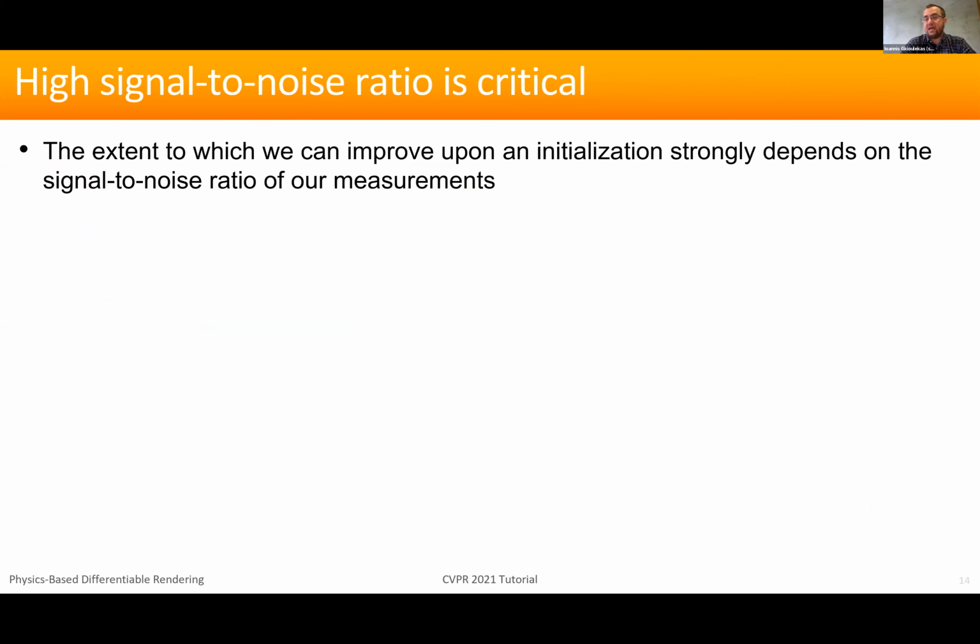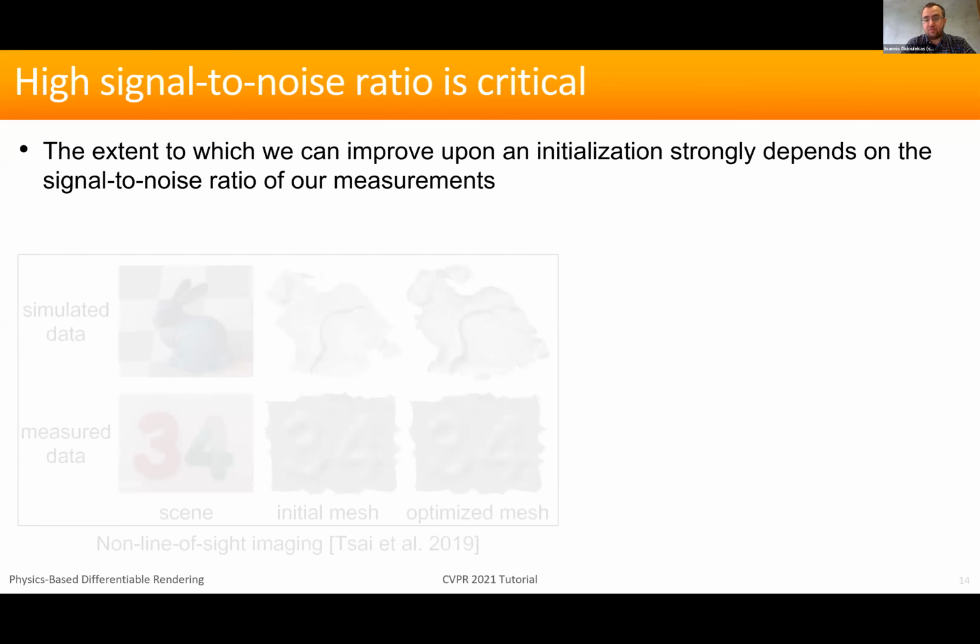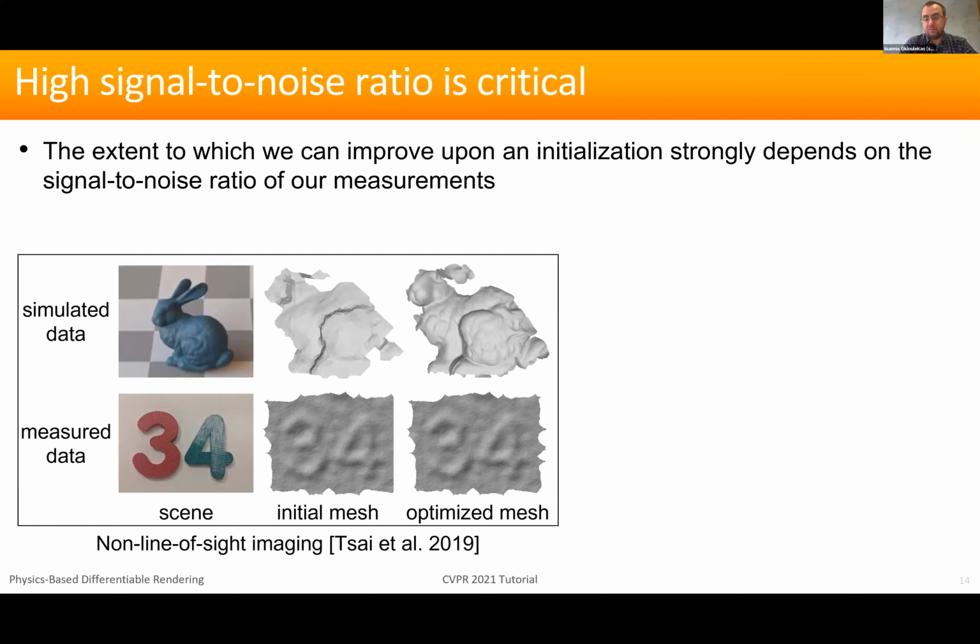And considering how nonlinear the optimization is when we're performing this type of inverse rendering tasks, the signal to noise ratio can be critical for how much we can optimize the initialization we're provided with using differentiable rendering and gradient descent based optimization. To show an extreme example, Xuan mentioned earlier a paper of ours where we are using differentiable rendering to perform non-line of sight imaging, where we are given some objects that are not directly visible to the camera.